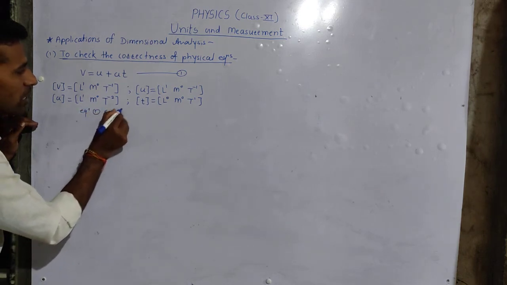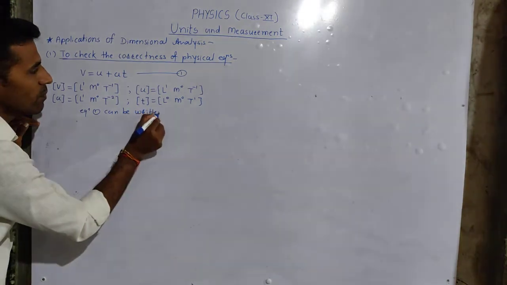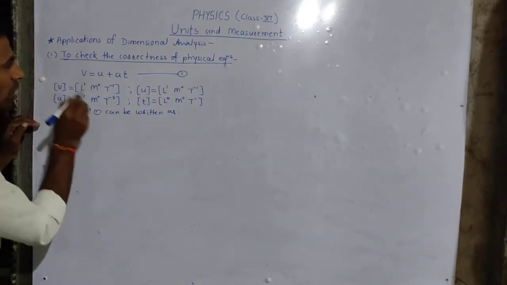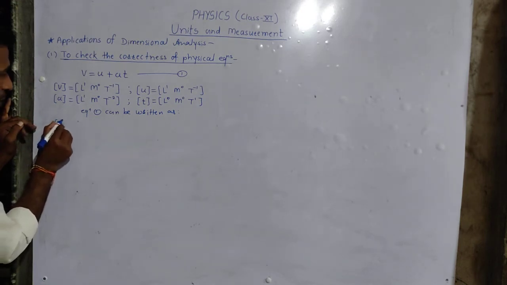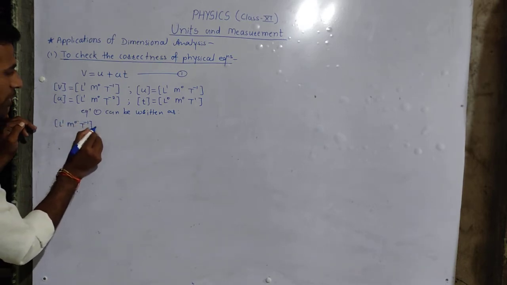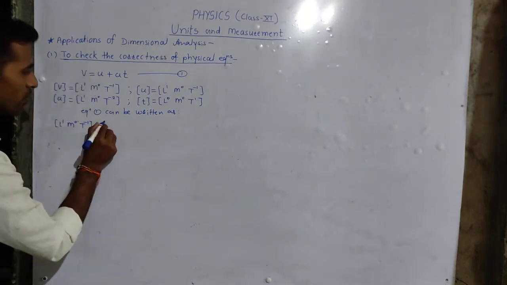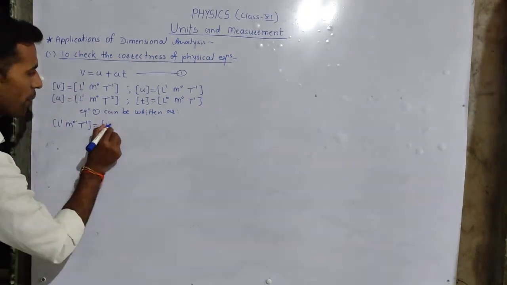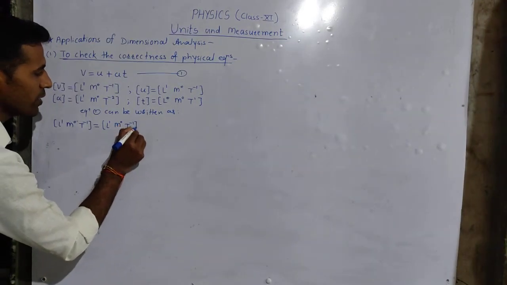Equation 1 can be written as: V becomes L to the power 1, M to the power 0, T to the power minus 1, is equal to U is there. So the dimensions of U, L to the power 1, M to the power 0, T to the power minus 1.